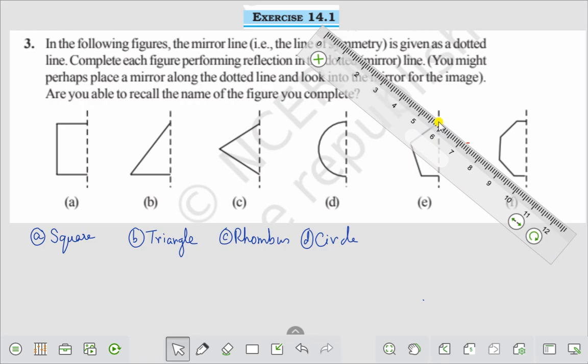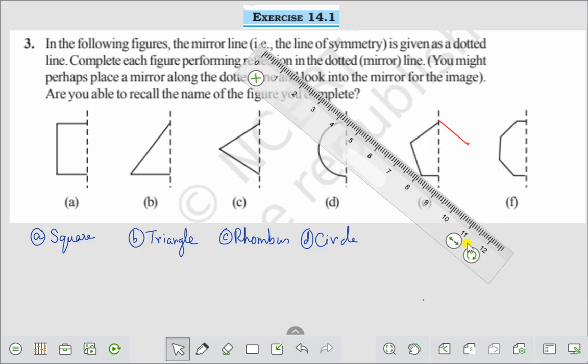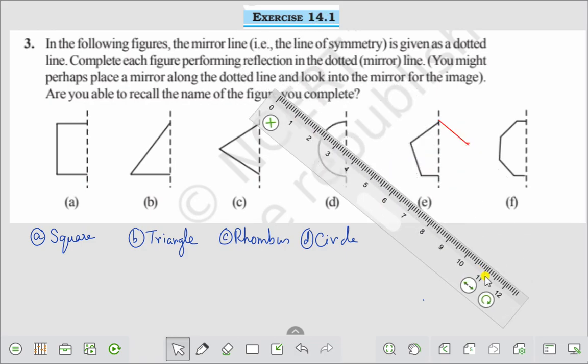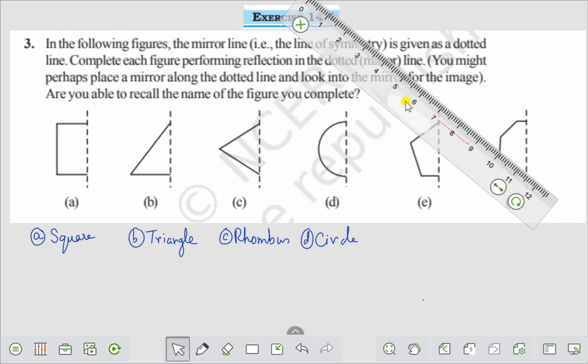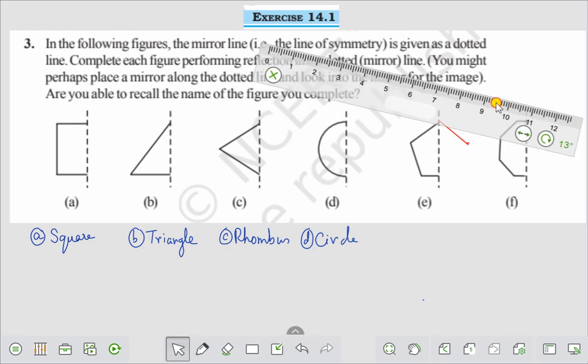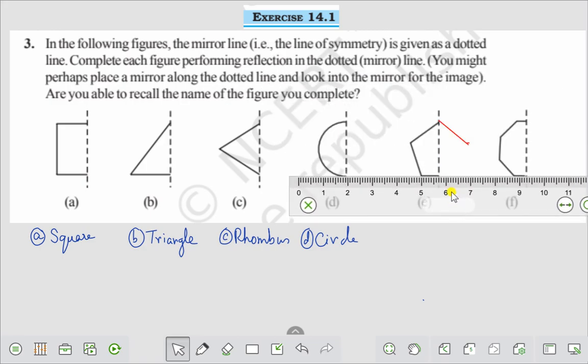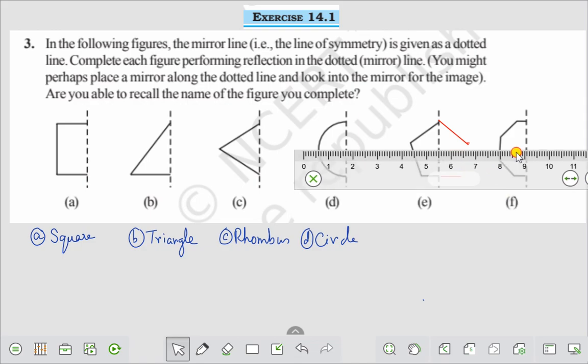Right. Join this point. Right. Again, you have to join this point also. Take this line and join this line again.